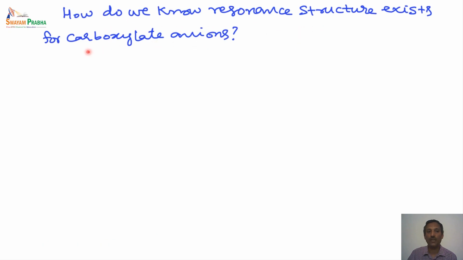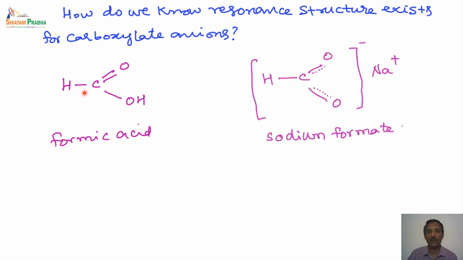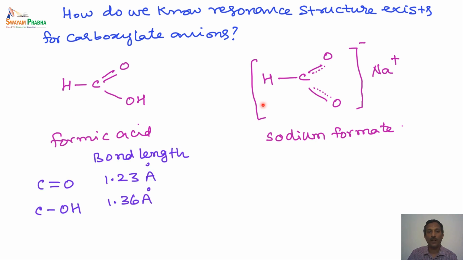Now, how do we know the resonance structures actually exist for the carboxylate anion? So this is the biggest question we have to answer. Now, if we take formic acid and sodium formate, we have two types of compounds. One is a stable carboxylic acid, another one is a carboxylate anion. So do they actually exist?